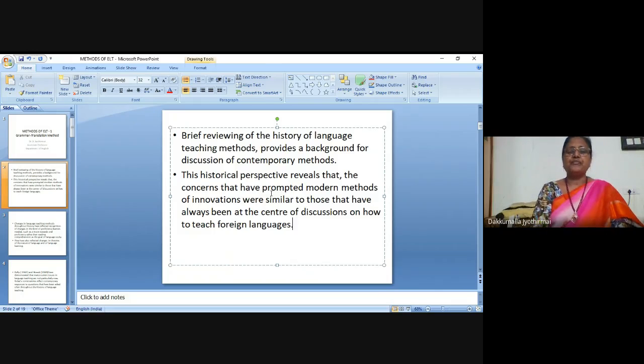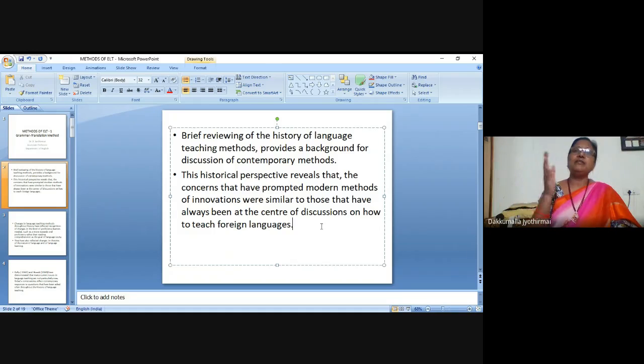So at that time also, the sole aim behind teaching a foreign language was to make one well versed or fluent in the language. As you are learning the English language now, it is only to become fluent in English, as it is the aim now behind language teaching.